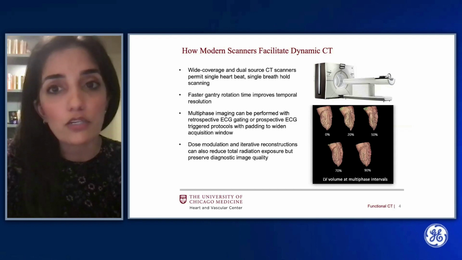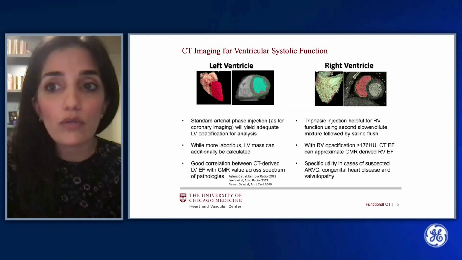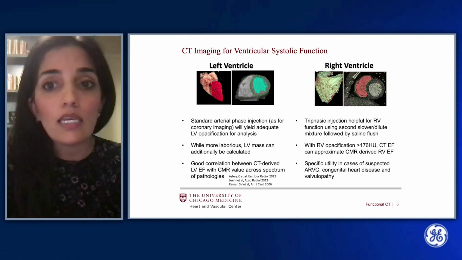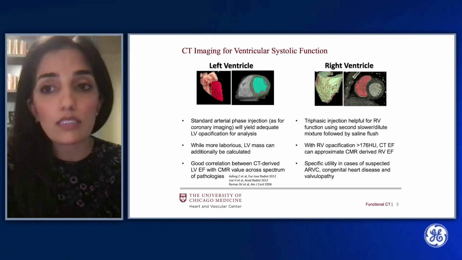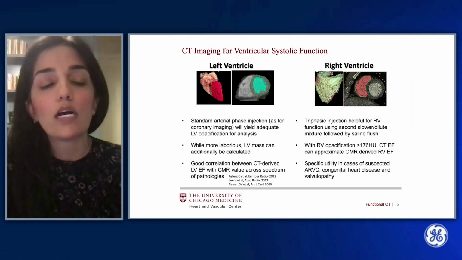The assessment of biventricular function is almost always a relevant piece of clinical data and can be accurately gleaned from dynamic CT. Benefits of CT in this realm include the lack of geometric assumptions associated with the modality and the availability of existing software which can help with expedient volumetric analysis.